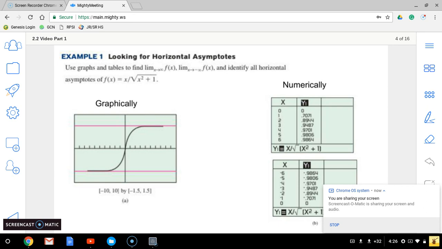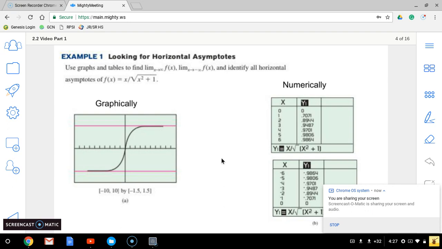So here in example 1, you can see that our function x divided by the square root of x squared plus 1 has more than one horizontal asymptote. It has a horizontal asymptote here, and it has a horizontal asymptote here. So we're using graphs and tables to find the limit of f of x as x approaches infinity and as x approaches negative infinity.